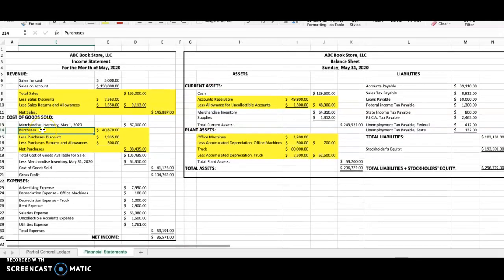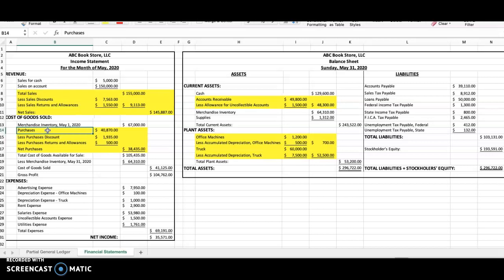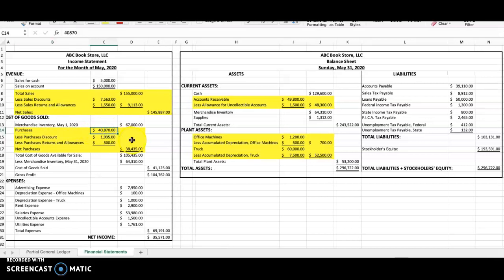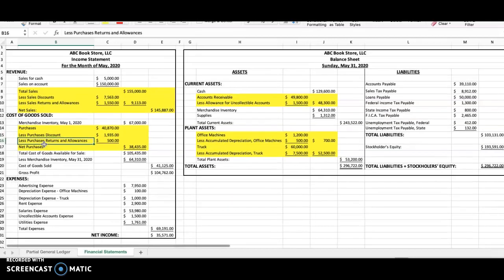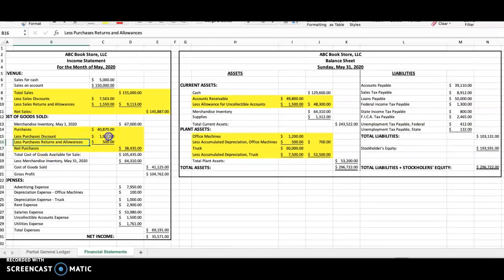This ABC bookstore has an accounting period of 1 month, we will assume, and during that month we bought merchandise valued at $40,870, and we perhaps had a discount given to us, and perhaps we returned some things, and perhaps we had some allowances given to us. Both of these are negative numbers subtracted from the $40,870, giving us net purchases of $38,435. Again, this represents merchandise that we bought to resell.